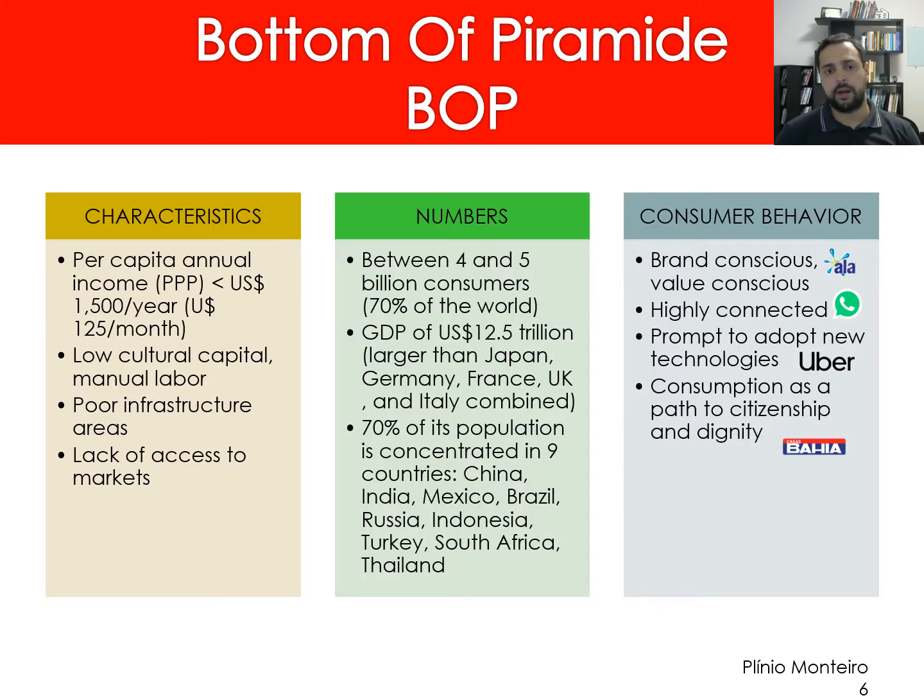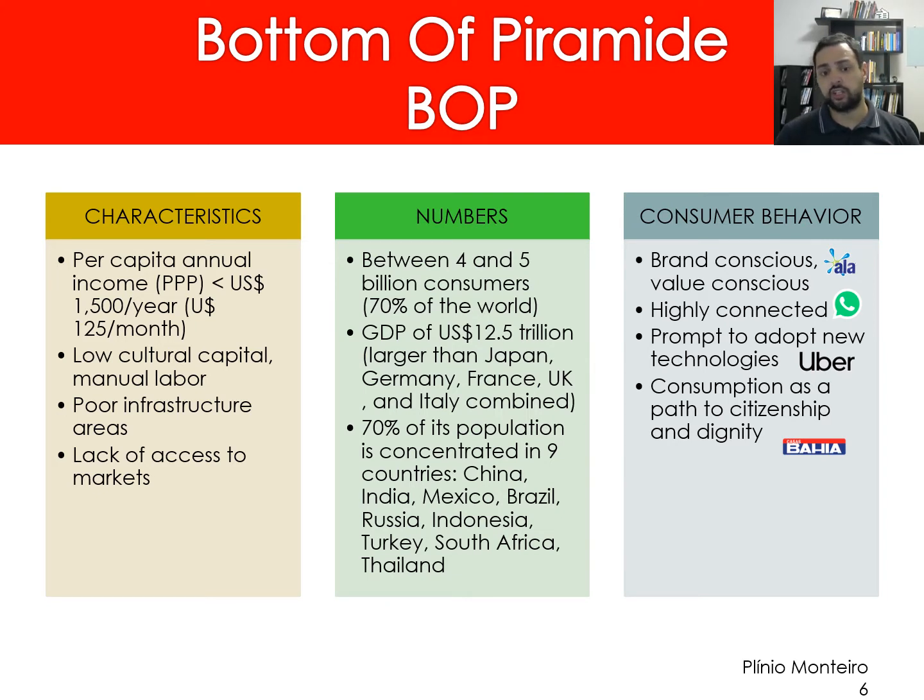One very popular category of global segments is named bottom of pyramid, or BOP. And basically, we're thinking about very poor people that live usually in underdeveloped countries. Basically, they don't have a lot of cultural capital.